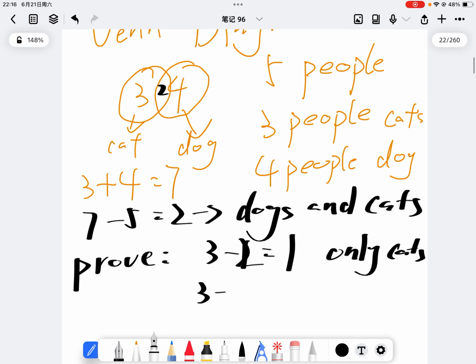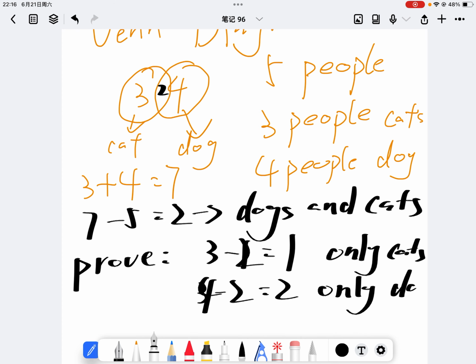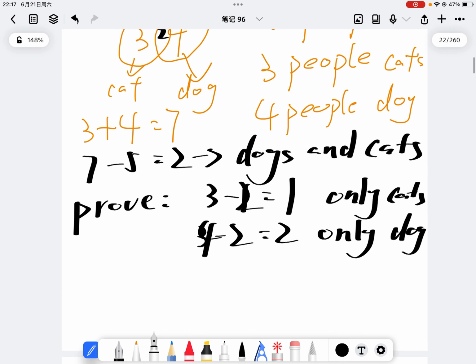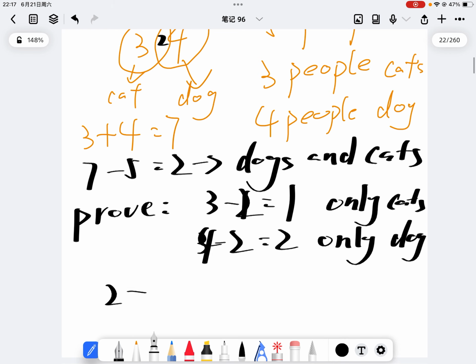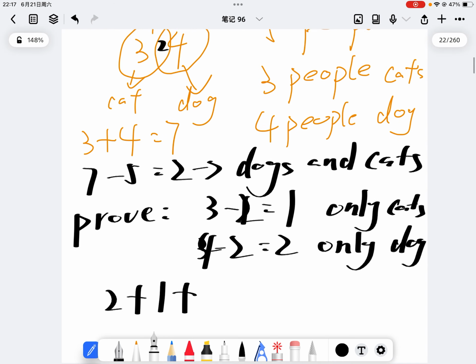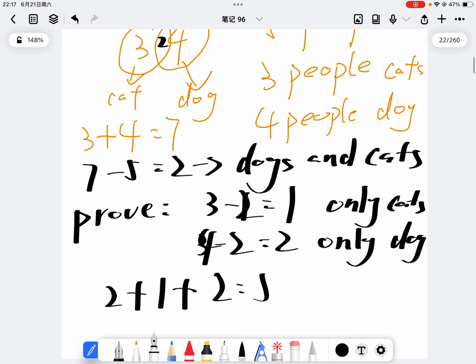And 4 minus 2 equals 2, which is the number of people who like only dogs. And we add them up, 2 plus 1 plus the people who like both dogs and cats, which is 2, equals 5. So 5 is the number of people in our class. So the proof is done.